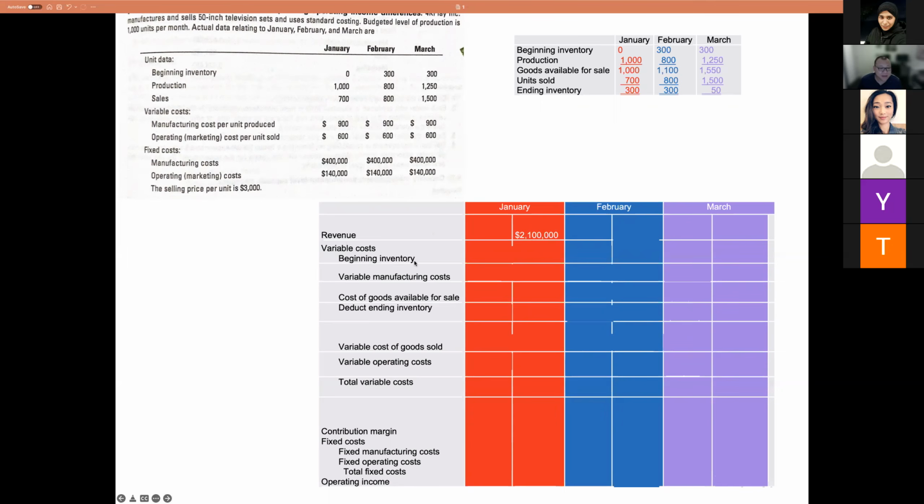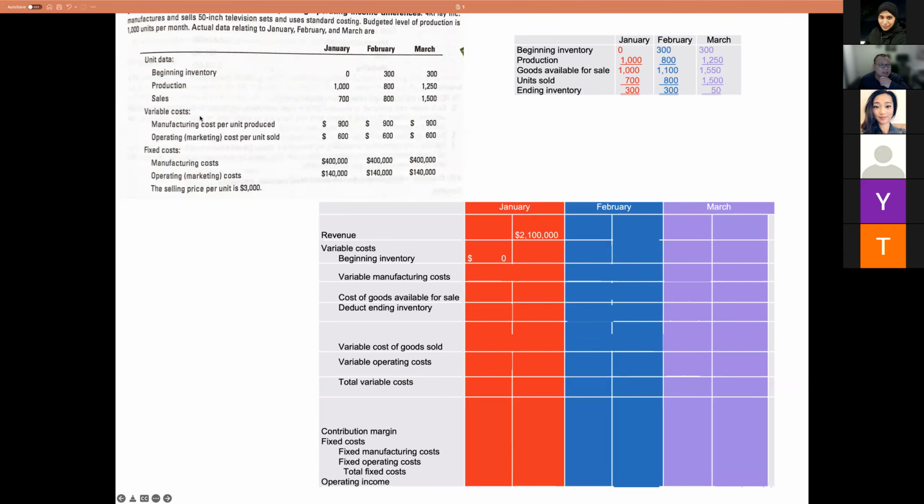What is my beginning inventory? What's the cost of beginning inventory? 0. Good. What is the variable manufacturing cost? We want to know the production, right? How many units were produced in January? 1,000.